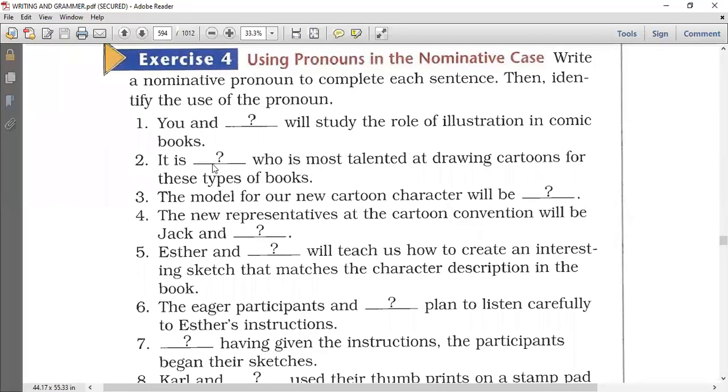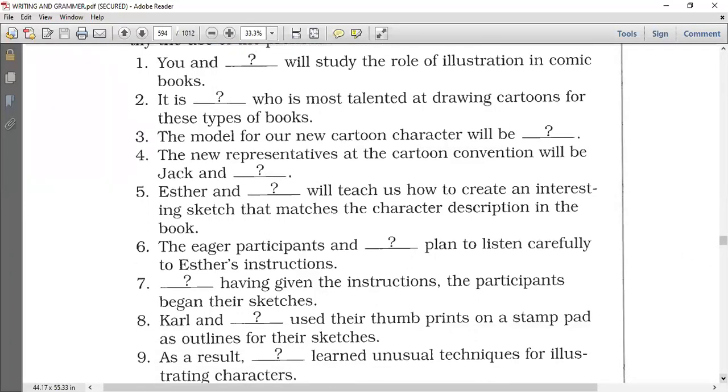It is he or it is she. We need a nominative pronoun. Number 3, the model for our new cartoon character will be, guys, we have verb to be. We have a linking verb here, predicate nominative. Guys, a piece of cake.